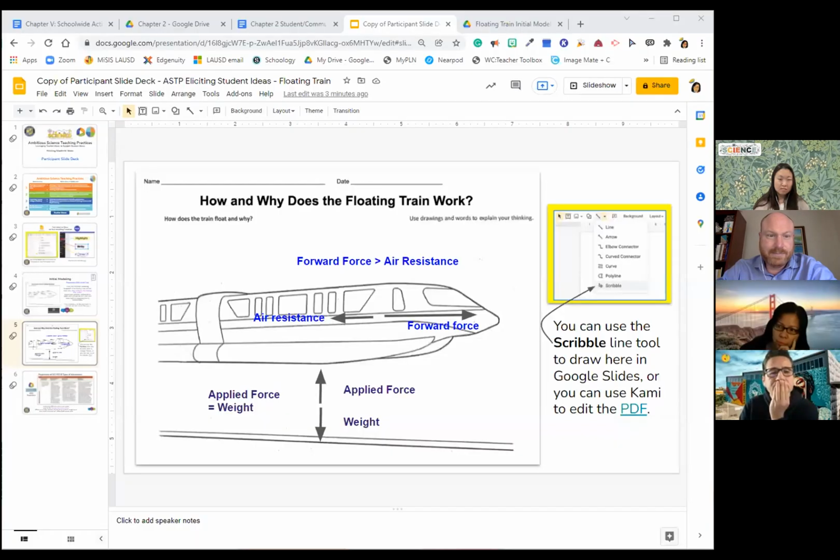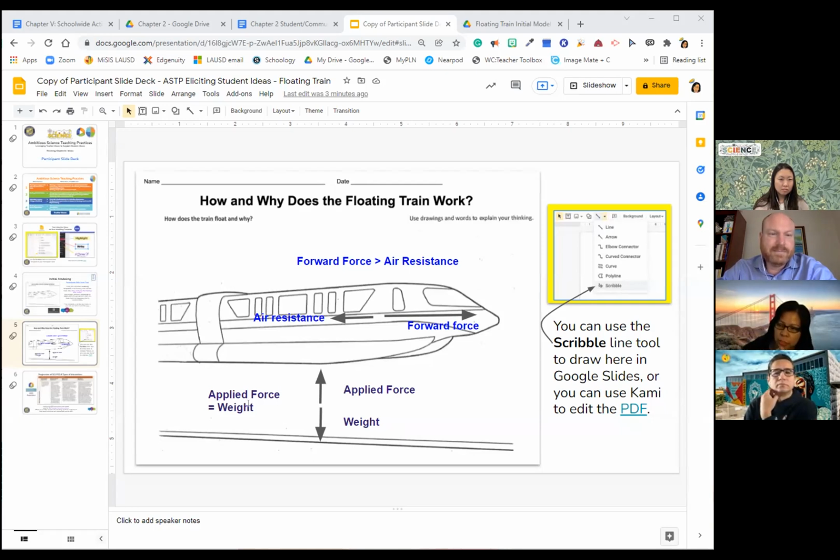So this is what we decided for right now. Weight is there, and applied force, whatever that force is, what causes that force. These two are equal because it's levitating. And we are assuming here that the levitation is constant all throughout. It's not going up or down, it's just levitating.